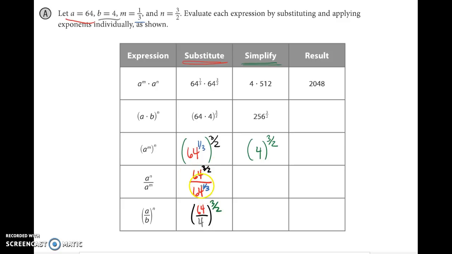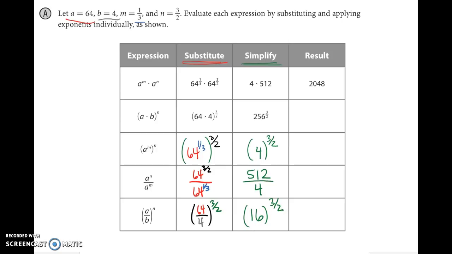Here, if I'm simplifying, I have 64 to the 3/2, and 64 to the 3/2 is 512, and 64 to the power of 1/3, well, we just did that in the one above here, and we know that 64 to the power of 1/3 is 4. For this one, 64 divided by 4, we get 16, and then that's to the power of 3/2.